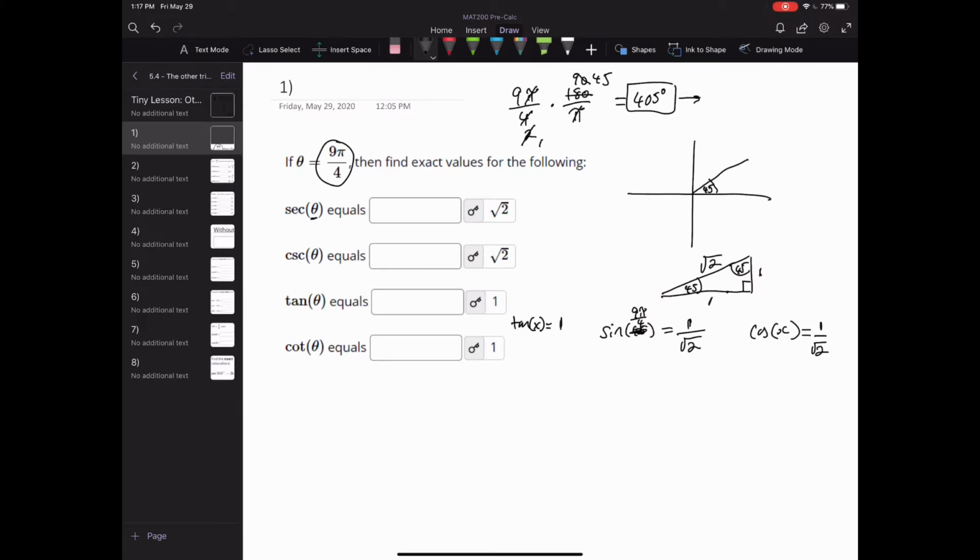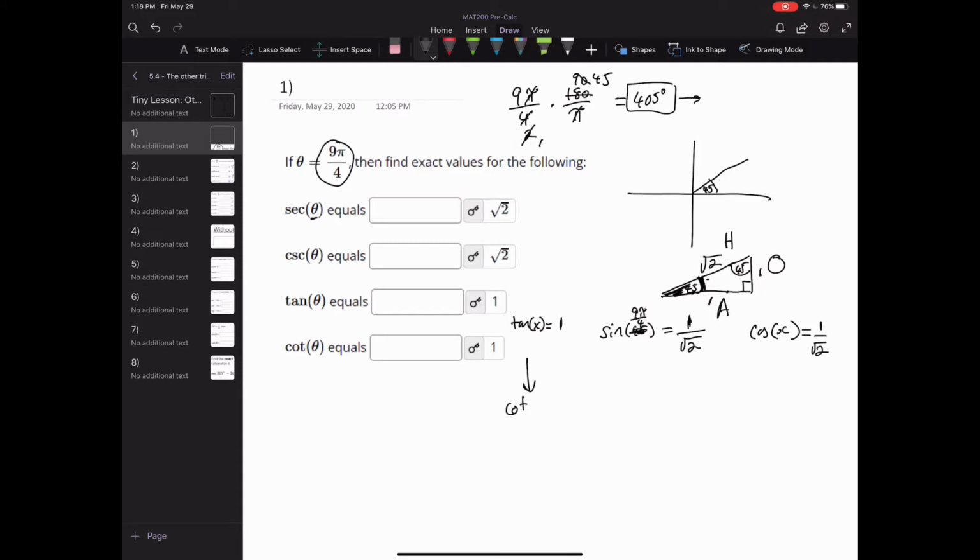Right, opposite over adjacent. And I was focusing on this 45 degree angle here. So to me, this is my opposite, this is my adjacent, that's my hypotenuse. Okay. So now that we know these, I can tell you what cotangent is.